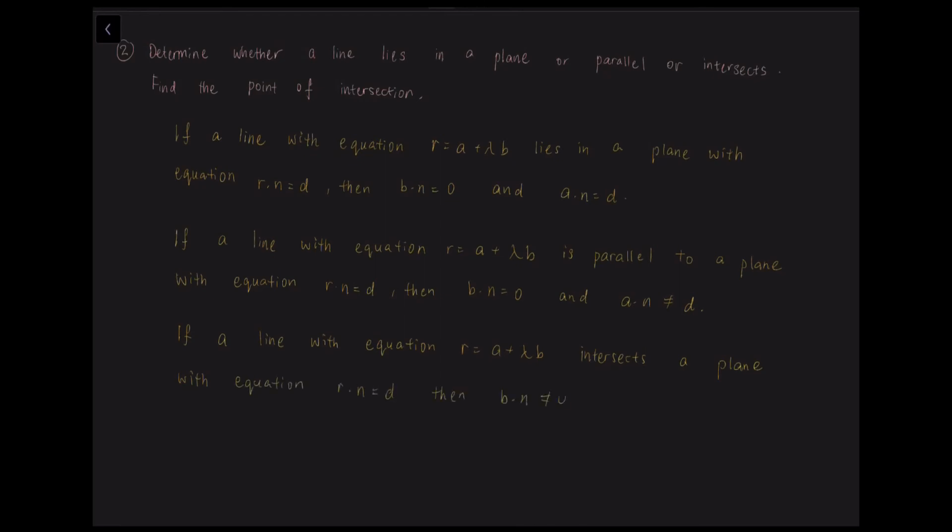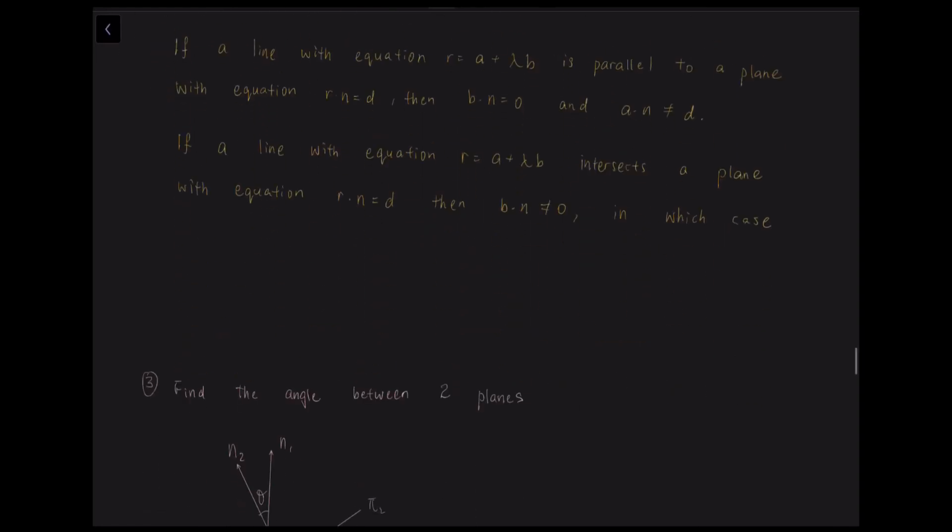And if a line with the equation r equals a plus lambda b intersects with a plane with the equation r dot n equals d, then b dot n does not equal 0, in which case the equation (a plus lambda b) dot n equals d can be solved for lambda.